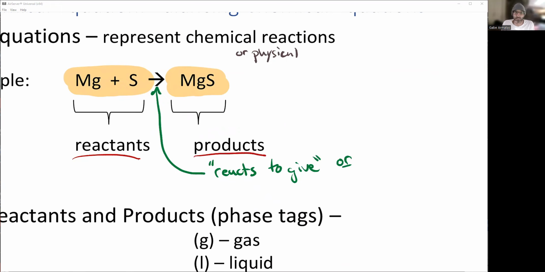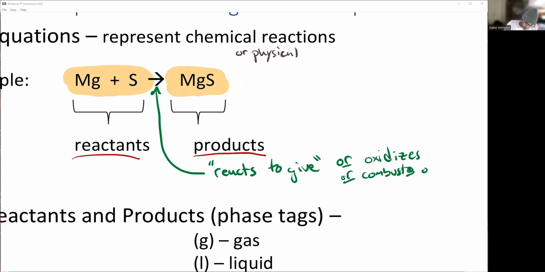That's the most basic version of it, but chemists use all sorts of different words. Reacts to give is kind of the standard, but you might hear something like oxidizes, or combusts, or burns.